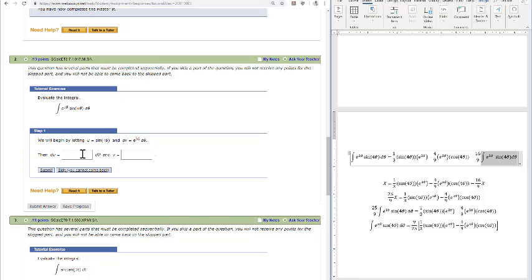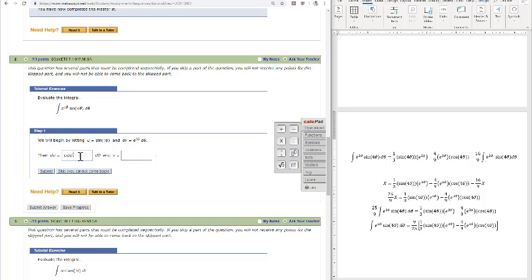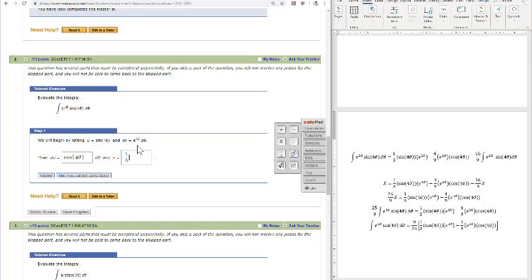We have some of the answers already here. So if u is equal to the sine of 4 theta, then du is going to equal positive cosine of 4 theta d theta. Oops, the d theta is already here. And then v is going to be 1/3 e to the 3 theta.